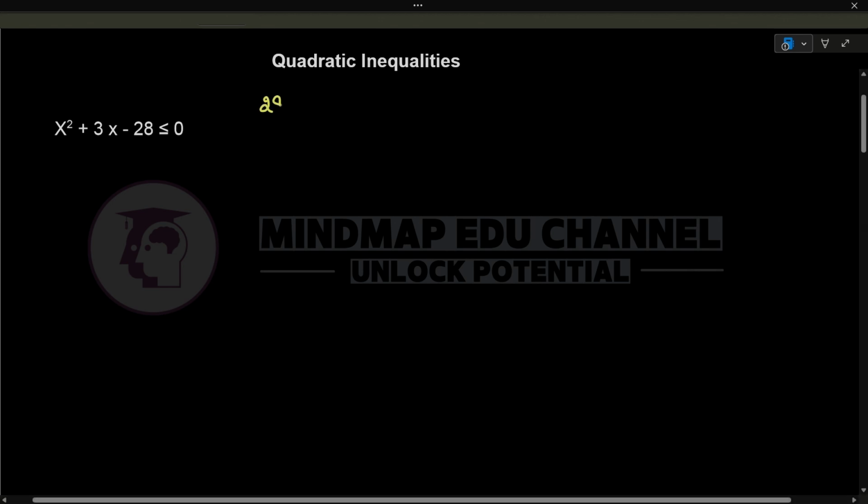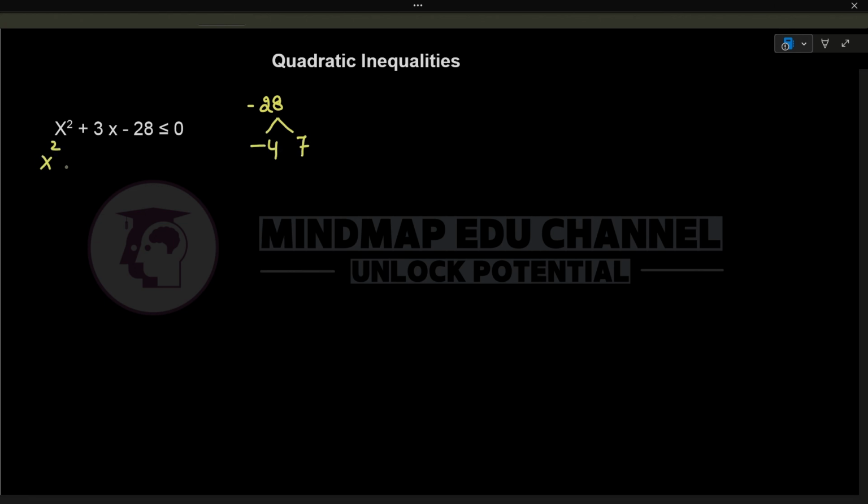So the factors of minus 28 are minus 4 and 7, correct? So we get two factors from here. It will be x squared minus 4x plus 7x minus 28 less than or equal to 0. Now see, instead of this inequality sign, less than or equal to 0, we can also use the equal to sign here.